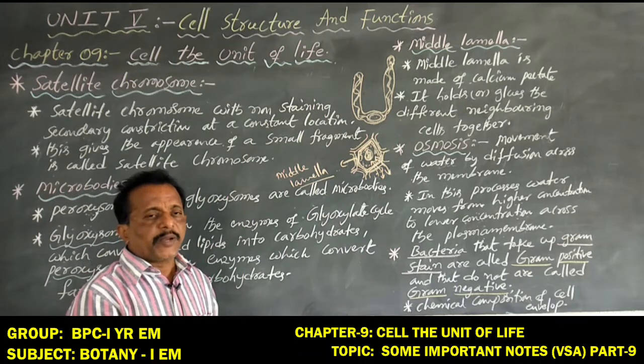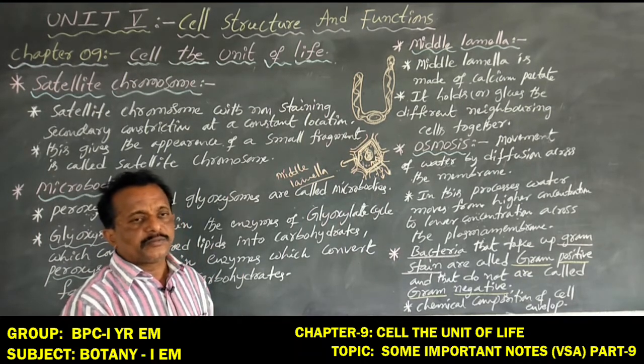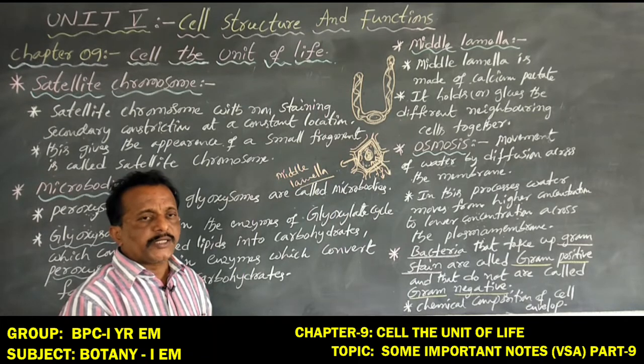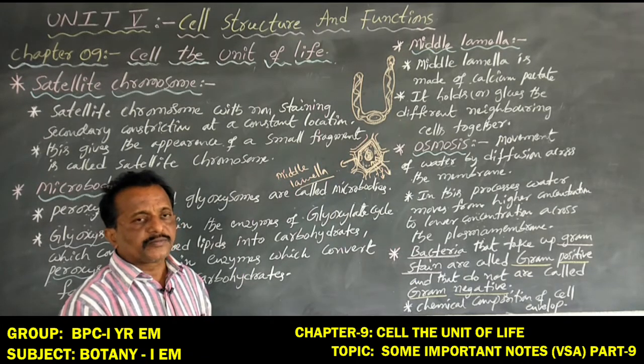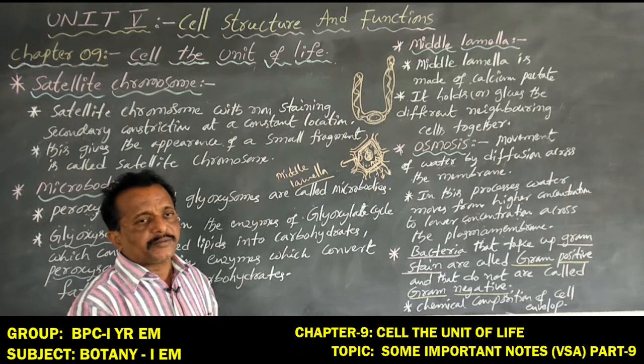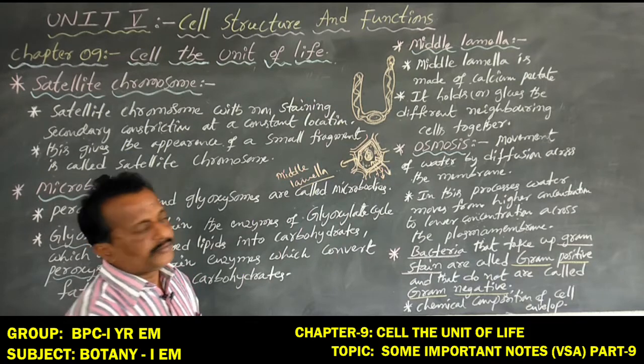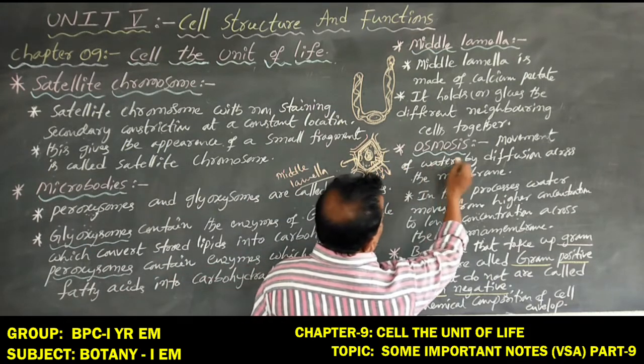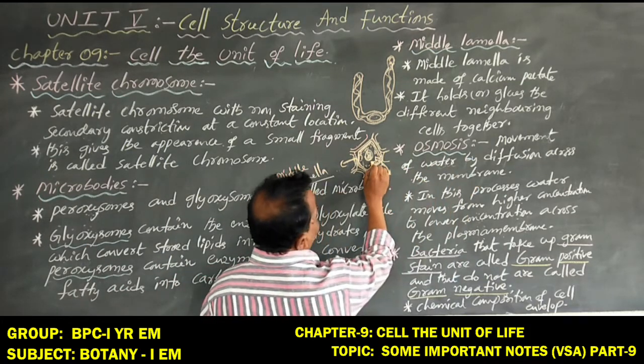In a typical plant cell, water molecules and some amount of ions and solutes are always passing across the cell membrane, from inside to outside.